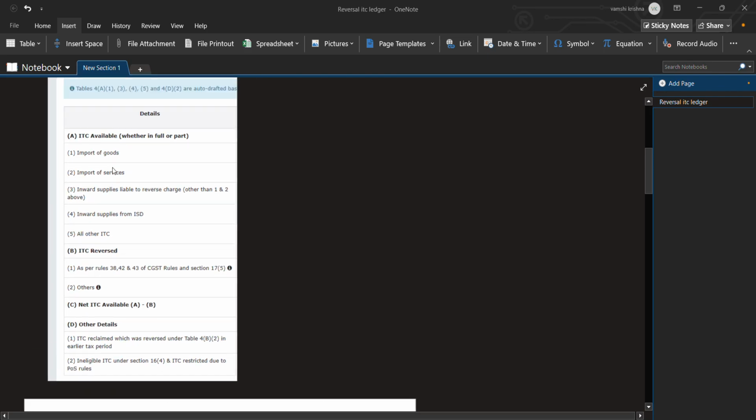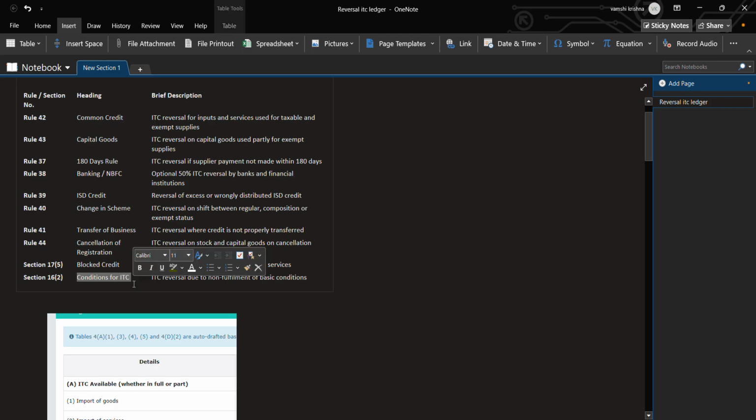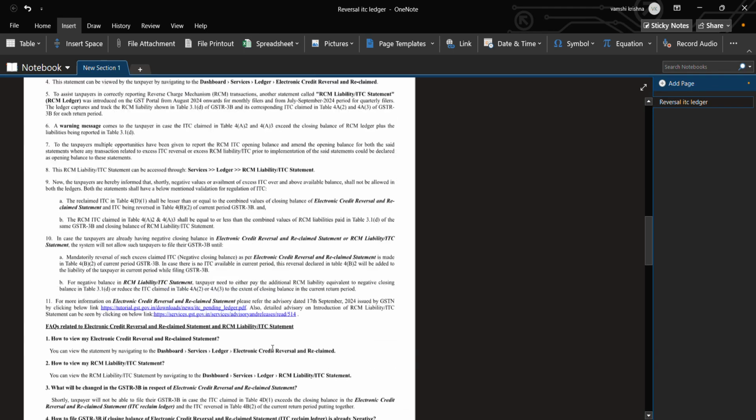Why? Because of these conditions we previously mentioned, right? In case we didn't pay the supplier within 180 days, we have to reverse the same, and we can claim it when we pay the supplier. Or in case we have the invoice but the supplier didn't pay the GST to the government, we can claim and reverse it. But if the supplier paid the government and we come to know through GSTR-3 or the annual return, etc., we can claim the same in our return.